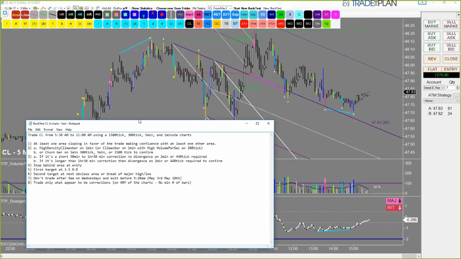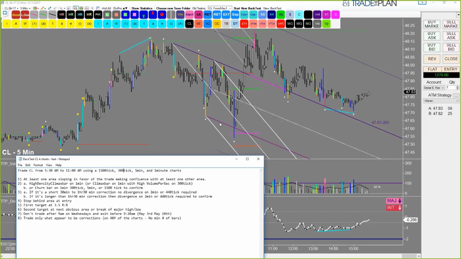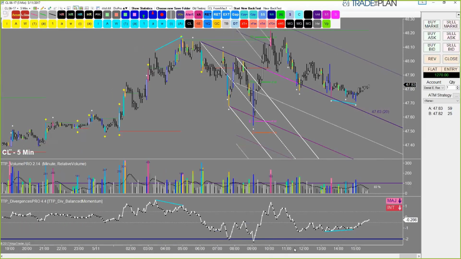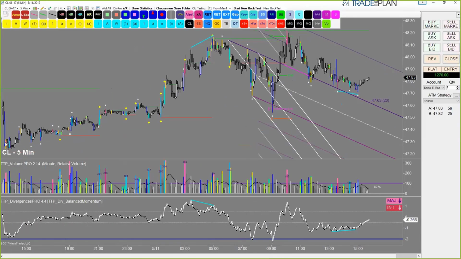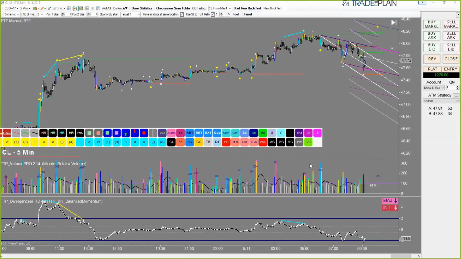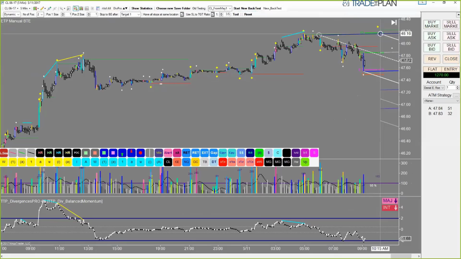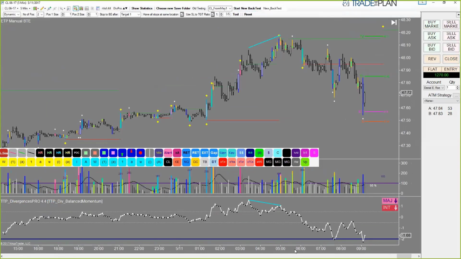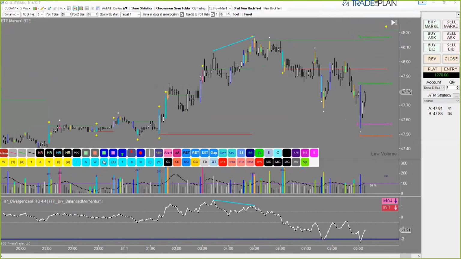But for instance, what I'm talking about with a correction is identifying the impulse move. So for instance here, if we're starting from this low right here on the 5 minute chart, we've been moving up pretty strong, and then we have a sideways overlapping move right here. That looks like a typical ABC correction.